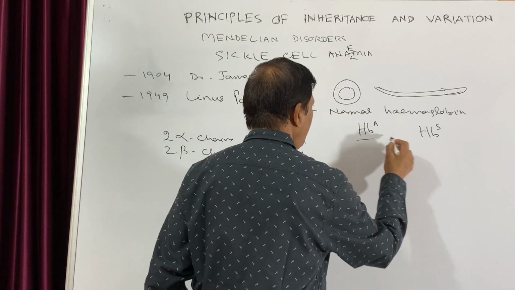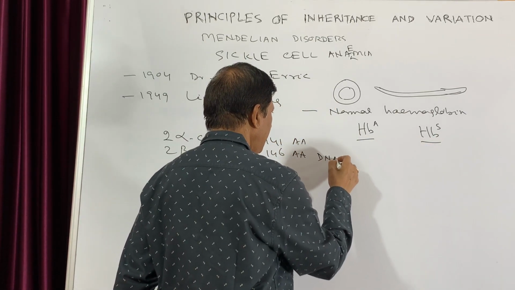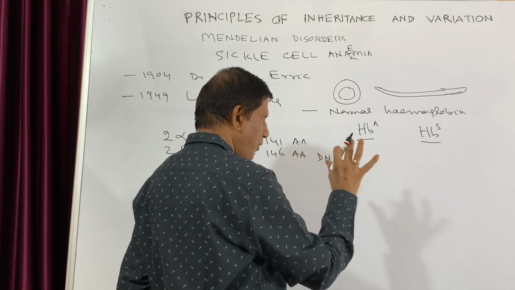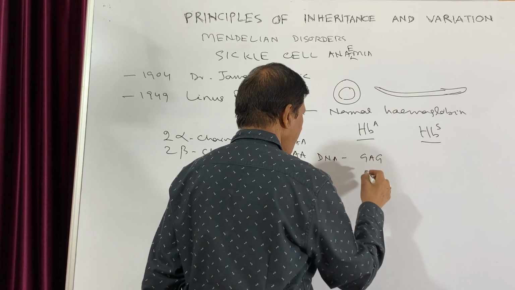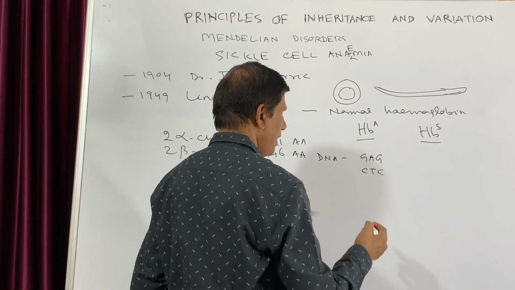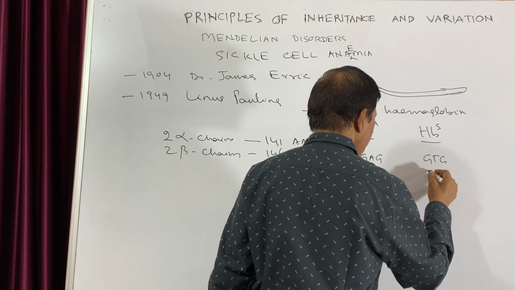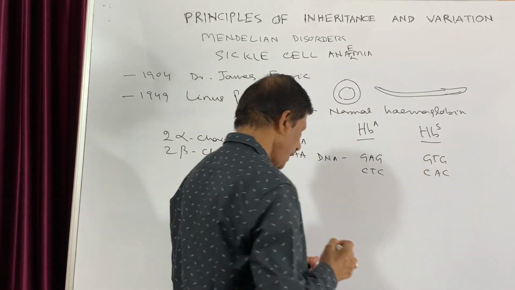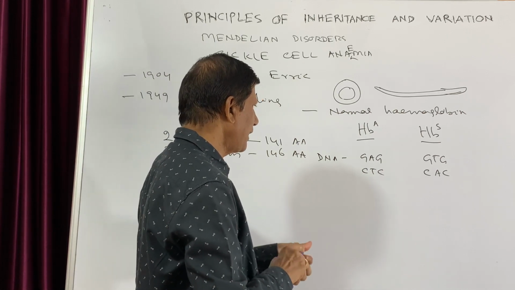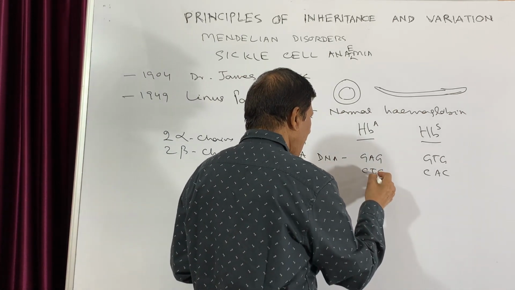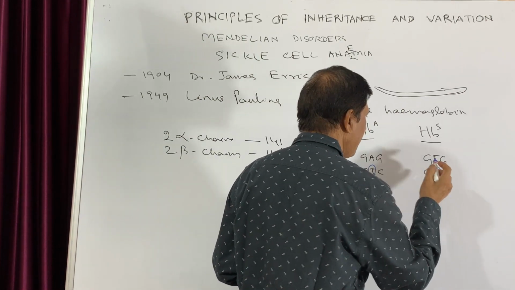In the normal hemoglobin, the structure of the DNA at one point is GAG and CTC, and in this case it is GTG and CAC. That means this is the structure of the DNA. Now what happened? This thymine is replaced by adenine.